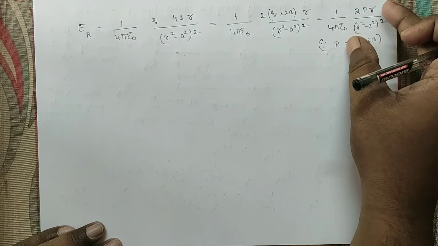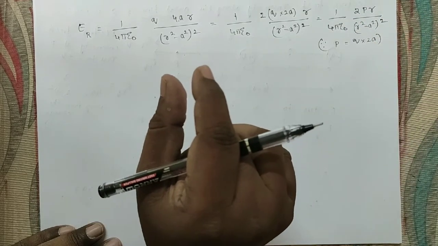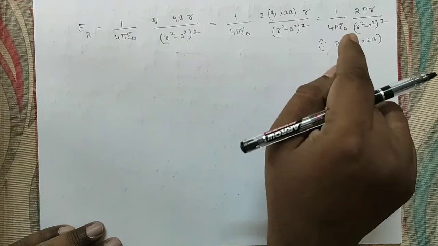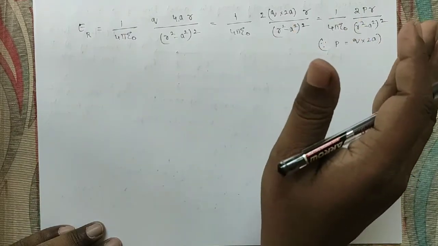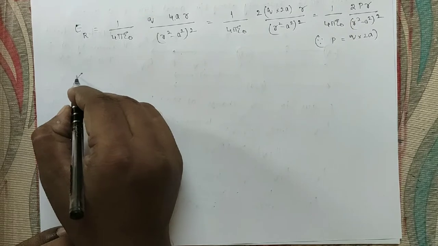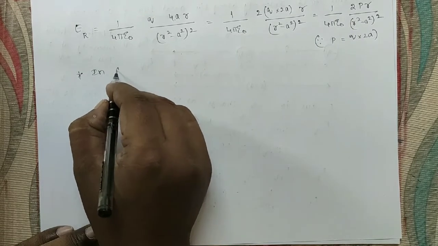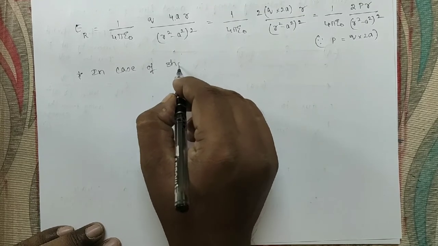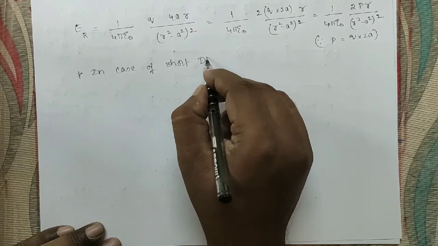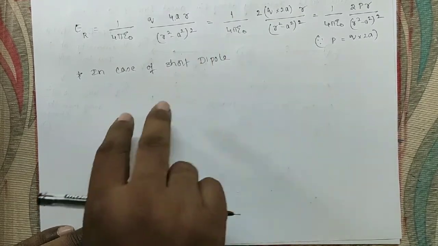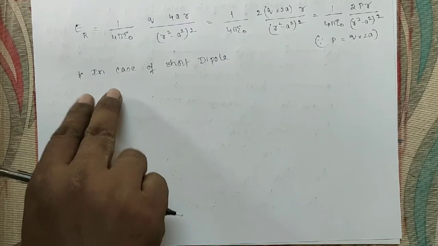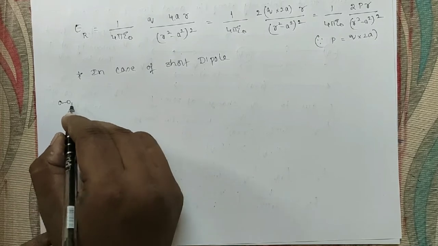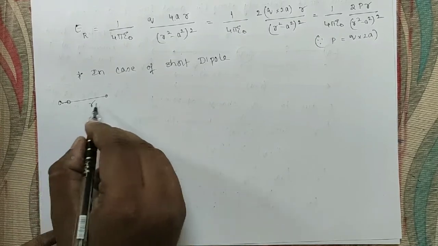This is the electric field intensity along the axial line due to a normal size dipole. If the dipole is very short, a small dipole, then the distance of the point P is very large. So we can take the condition in case of a short dipole, where compared to the dipole size, R is very large. The dipole is very small, the point at distance R is very far.